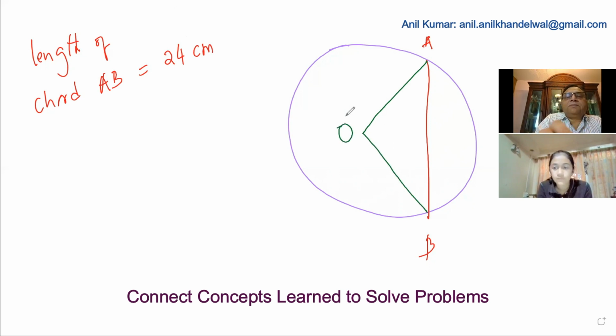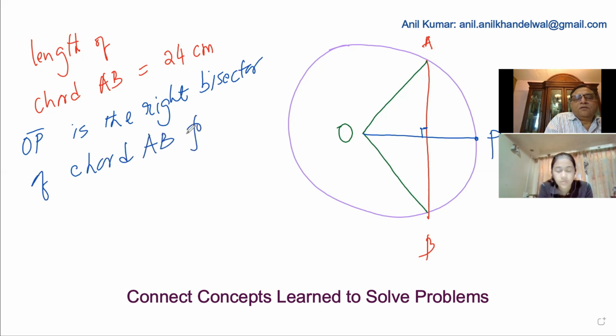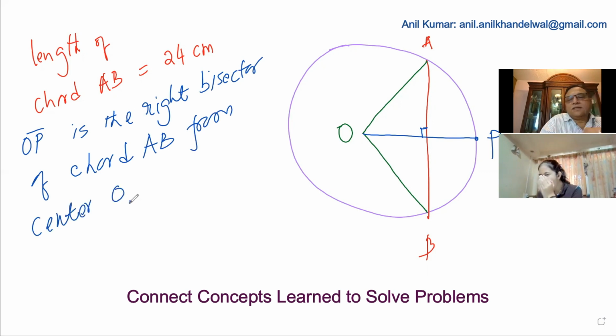If I draw a right bisector, we call this point P, right? So OP is the right bisector of chord AB from center O. Is that clear to you? Correct?